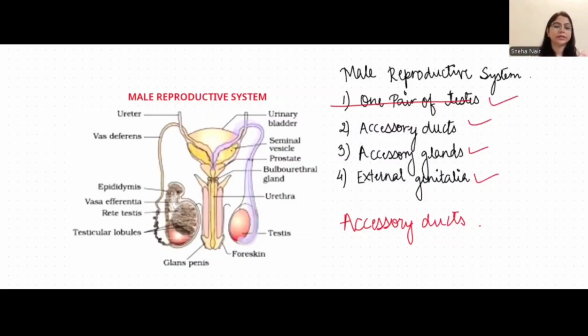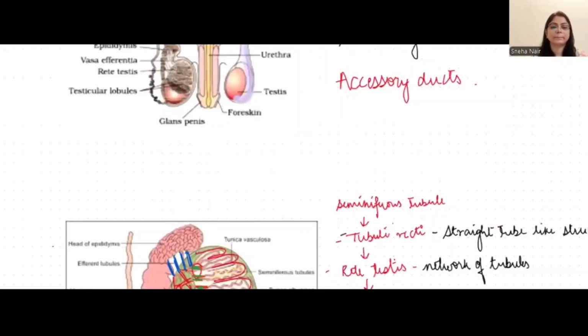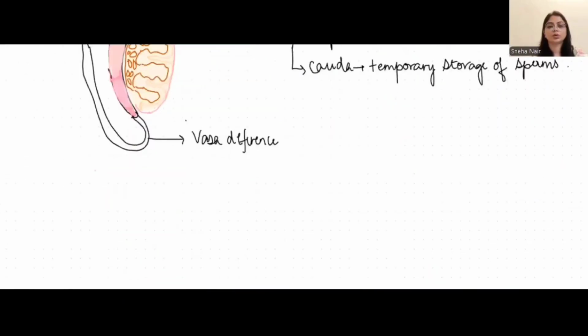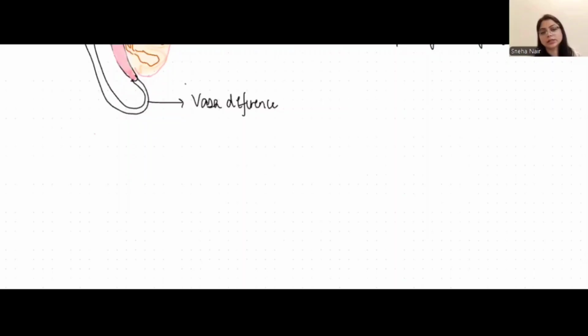For your better understanding, let's make a diagram over here. So this is testes, epididymis. From the epididymis, the lower part, arises the vasa deferens. It moves upwards.